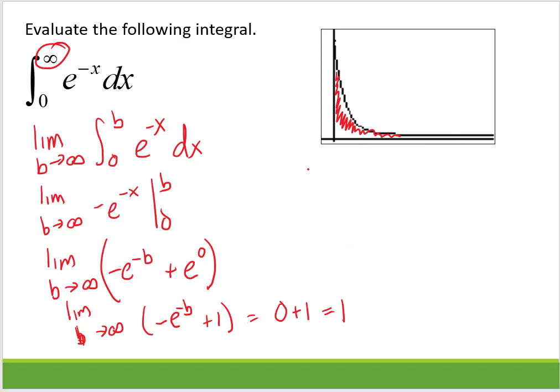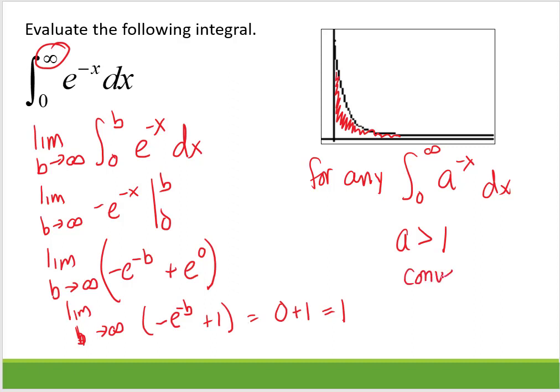And you want to recognize that for any improper integral, as long as a is greater than 1, this is going to, what we say, converge. Converge is a fancy way of saying I can find the integral, I can find a value.